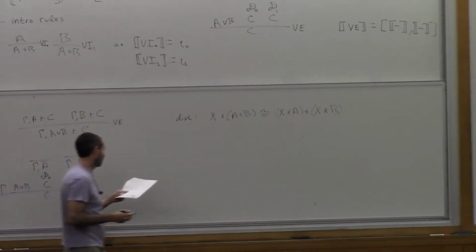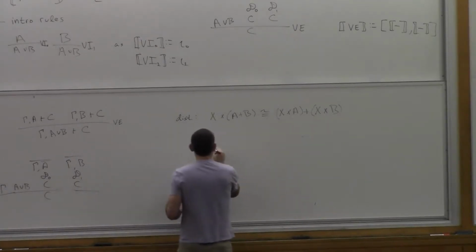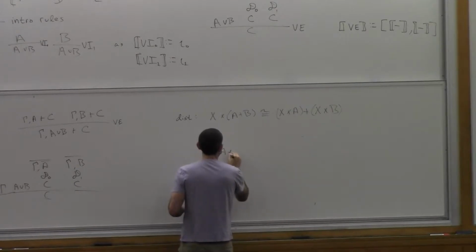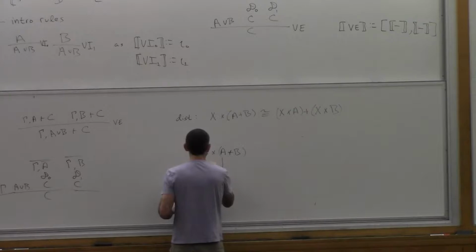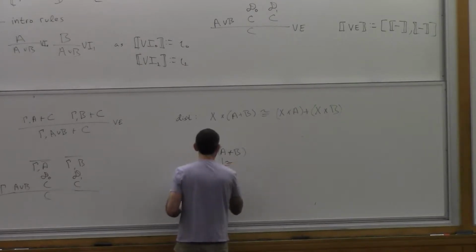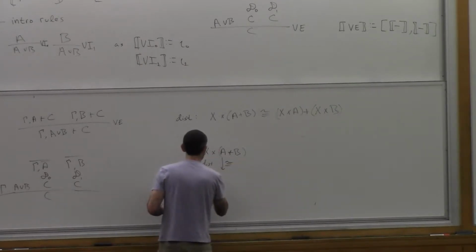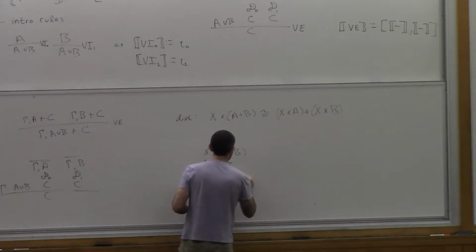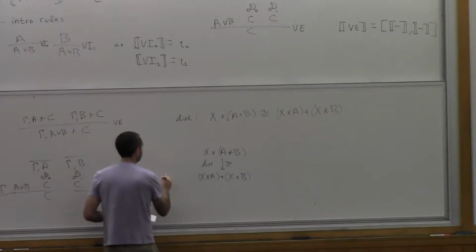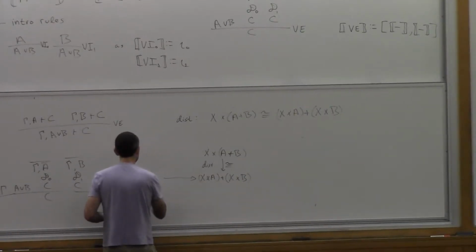And let me try to explain to you why that is. So I could have here the product of X and the coproduct of A and B, like this. Now I apply my dist iso, and I get X cross A plus X cross B. And now this is a coproduct, so I know I have the insertions.